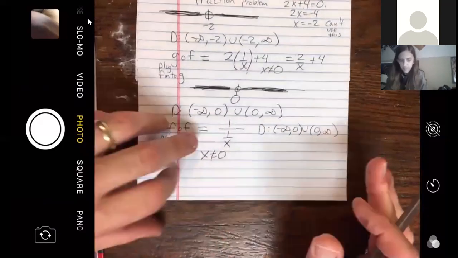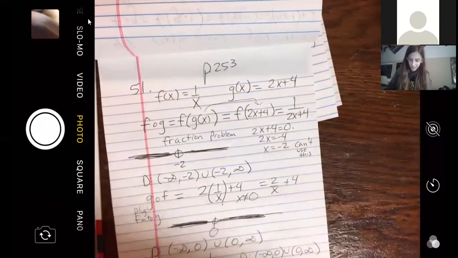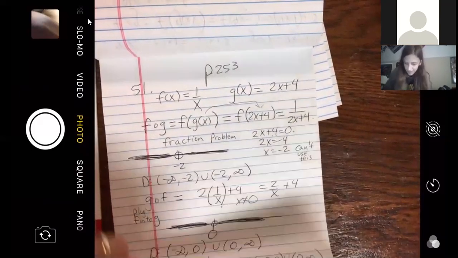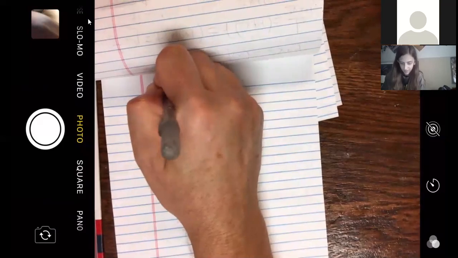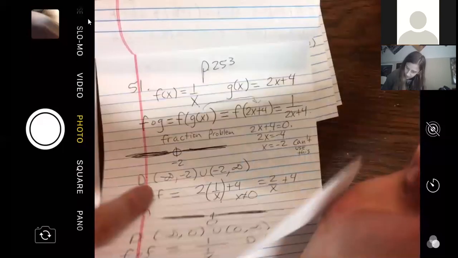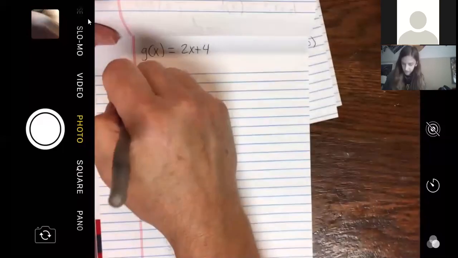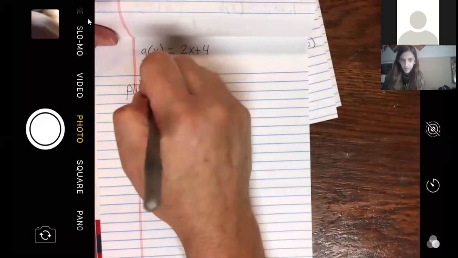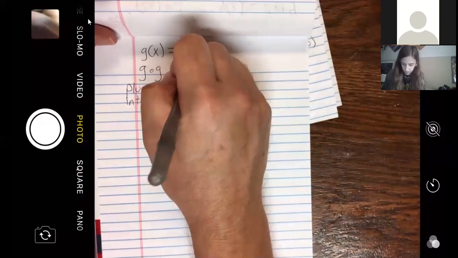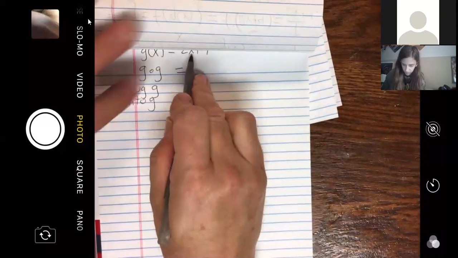Are you ready for the last one? Go ahead. G circle G, and just to remind, G of X was 2x plus 4. So you're plugging G into G. So here's G, and I'm plugging it into G where that X is.